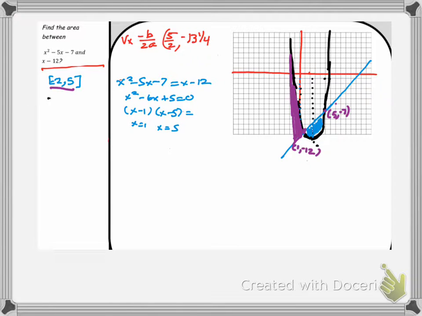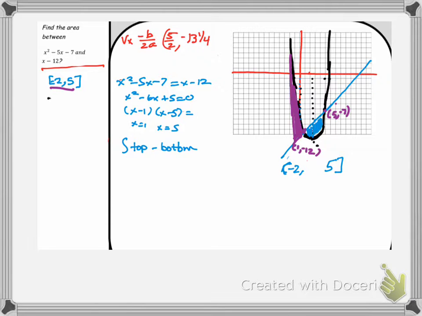Now, the reason I'm coloring them different colors is there's your interval from negative 2 to 5 over here, and during that time, it switched. Remember, our integral is the top minus the bottom. But what happens if the graphs switch which one's on the top and which one's on the bottom? That means you have to split them up into two pieces.